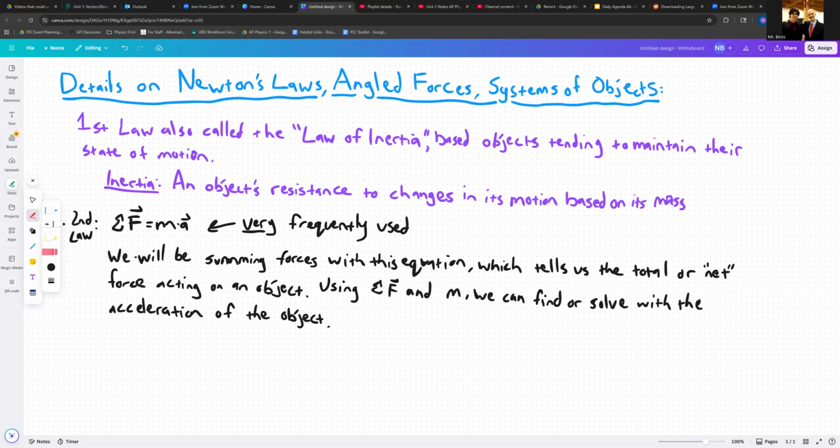Drag force doesn't have an equation. Normal force doesn't have an equation. There's lots of places where we're going to use Newton's second law, the sum of forces, to be able to find something like tension or normal force where we wouldn't normally just be able to find it from its own force equation. Okay, cool.